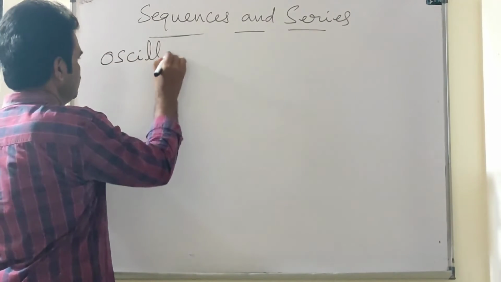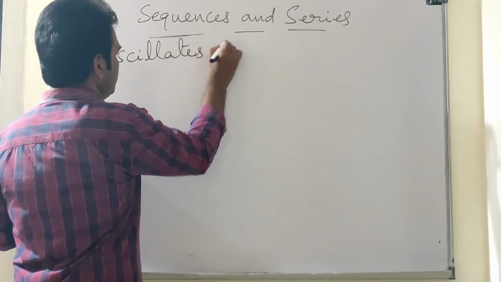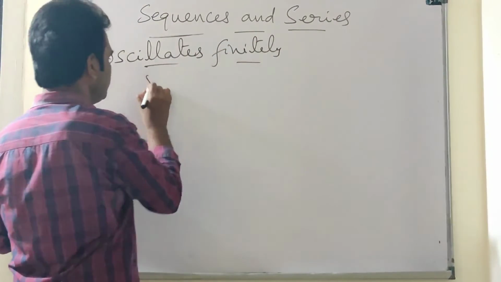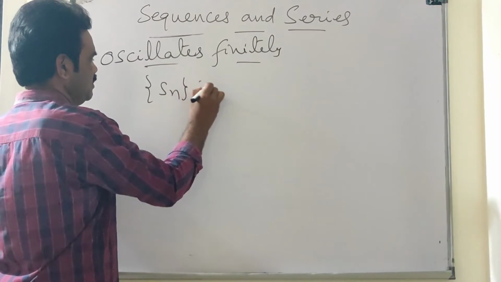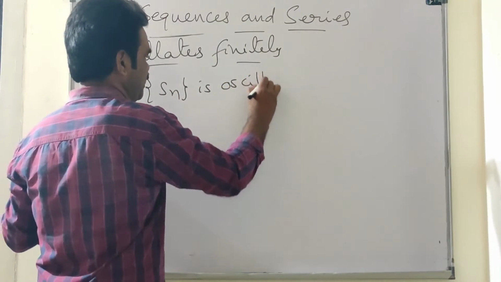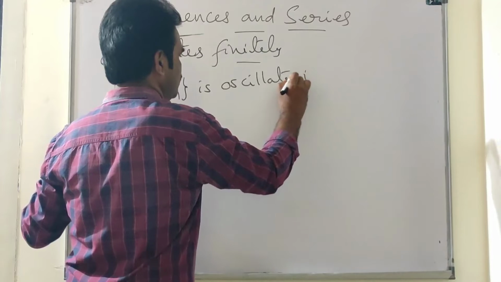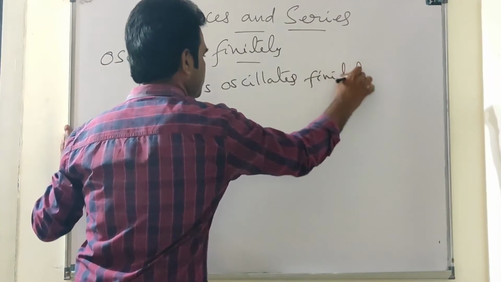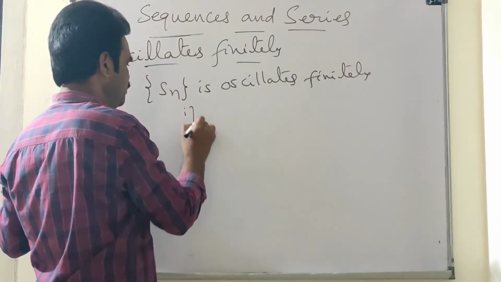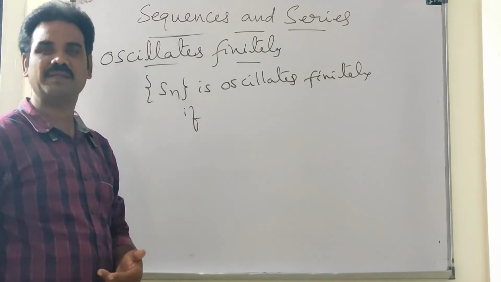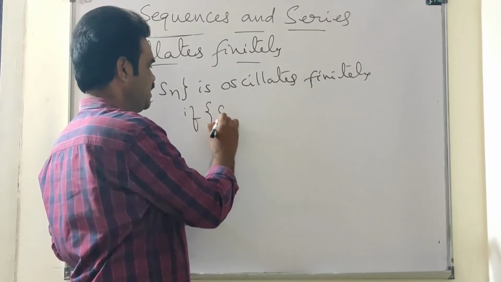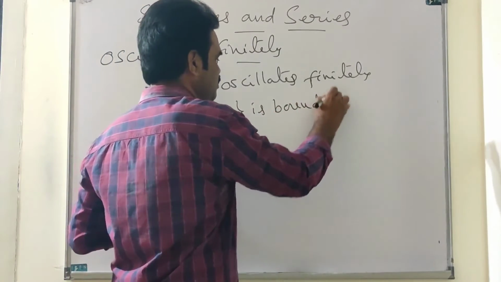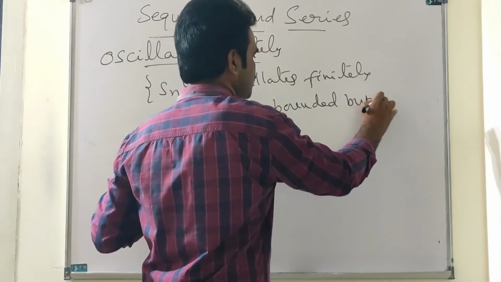Oscillates finitely. A sequence Sn is said to oscillate finitely if Sn is bounded but not convergent.